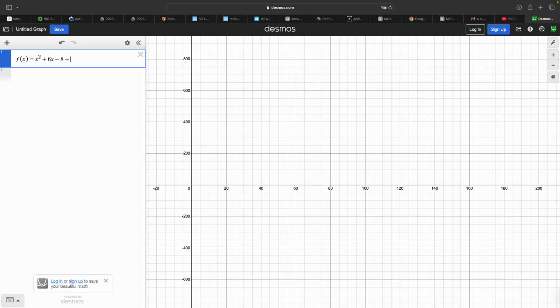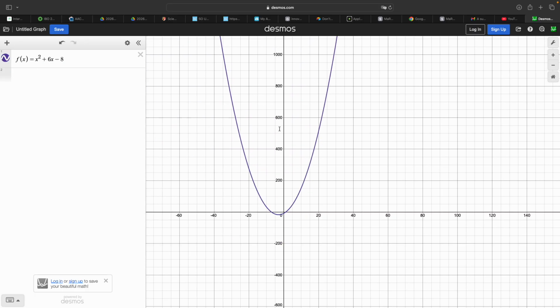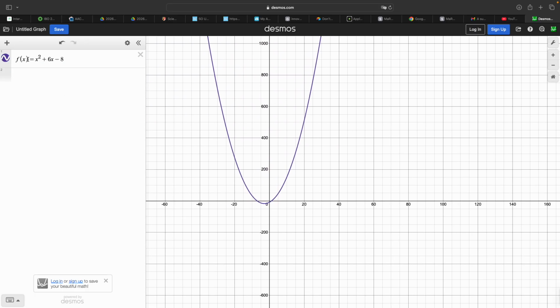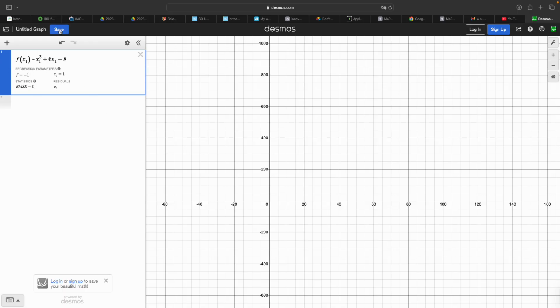We can treat this as a regression if we put x squared, a 1 on the bottom, plus 6x to the 1, to get a regression model.